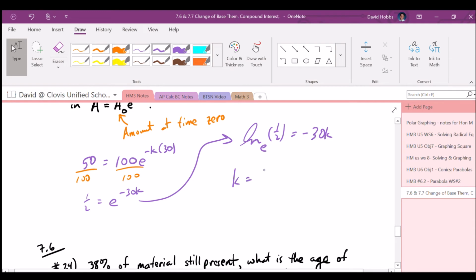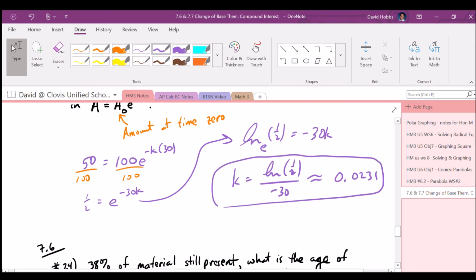So K is natural log of 1/2 over negative 30. We plug it into the calculator, and it's approximately 0.023. A lot of times when we're doing the constant in these half-life formulas, you do 4 or 5 decimal place accuracy, so 0.0231.